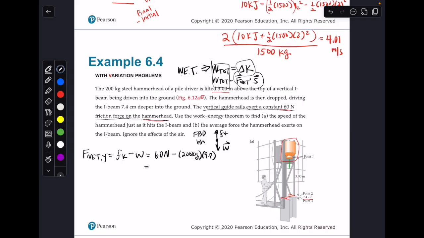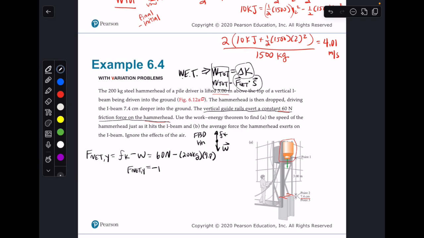This is the sum of all the forces in the Y. So this is Fnet Y. So let's put that in the calculator. 60 minus 200 times 9.8, negative 1900 newtons, okay?